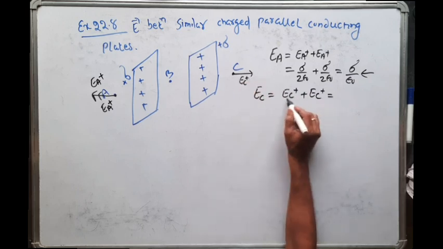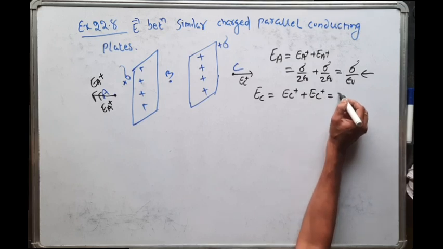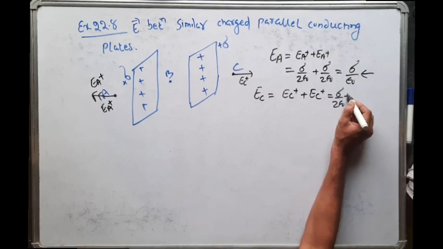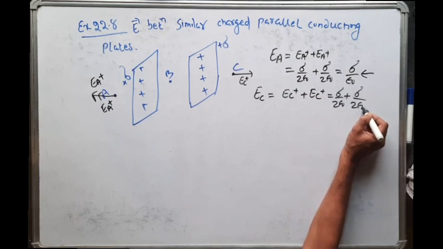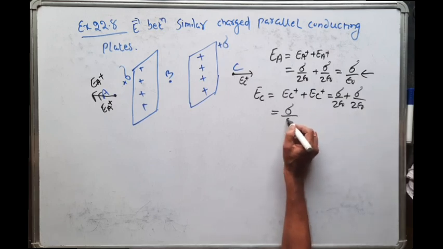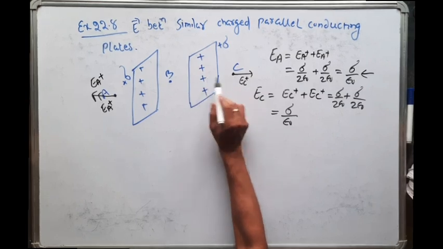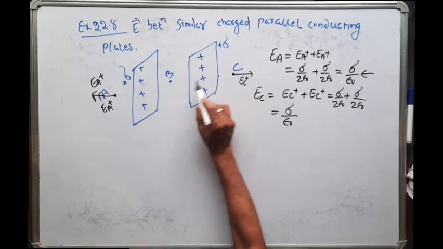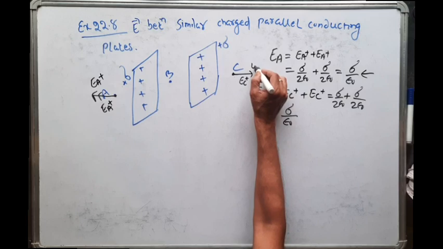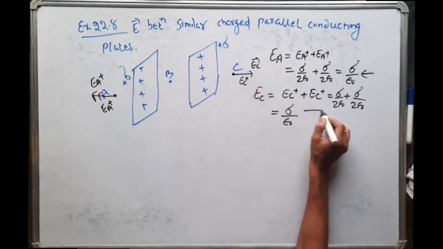So we just algebraically add. Again sigma upon 2 epsilon naught plus sigma upon 2 epsilon naught, that is sigma upon epsilon naught. Since it is in front of C and these are positive plates, the net electric field intensity is towards right.